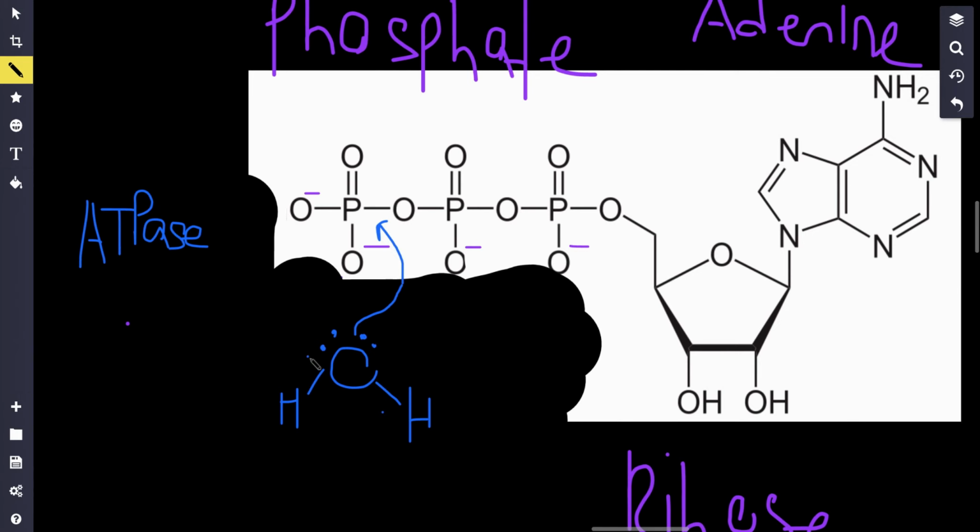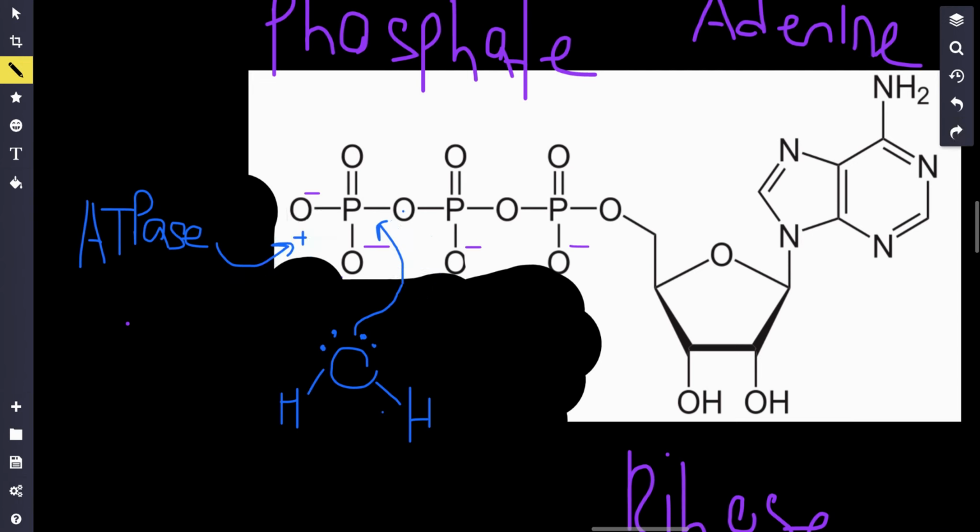Oxygen is very electronegative, so a negative charge meets a negative charge, and they're going to want to repel each other. So you're going to need the help of an enzyme, ATPase. ATPase is essentially going to have a lot of positive charges around it. So the positive charges basically draw these electrons towards it, and that allows the water to do its thing and then finally break off this bond.